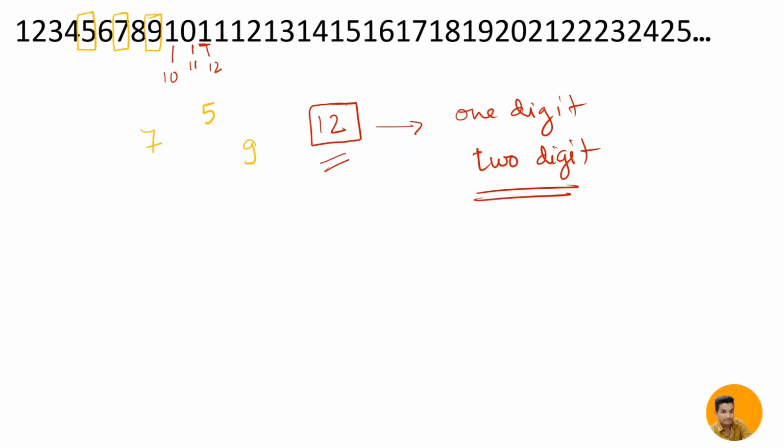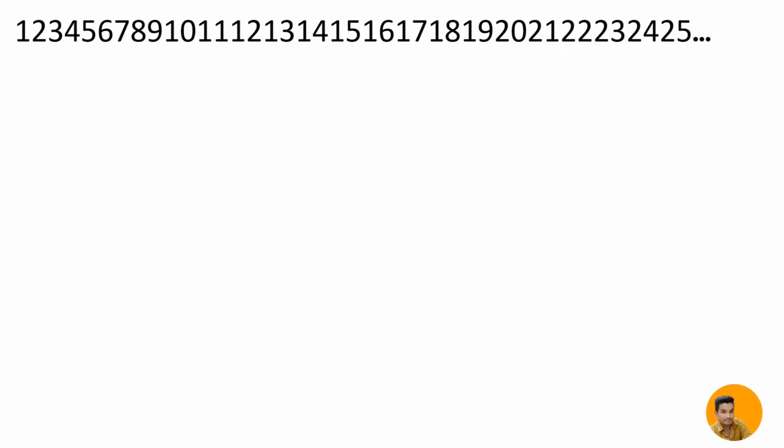I need to first figure out which interval it lies in. You are asking for 12, then this digit would surely come under the 2-digit numbers, not in the 1-digit numbers. That means the problem reduces to first finding the intervals, and we need to find the interval that the given position lies in.